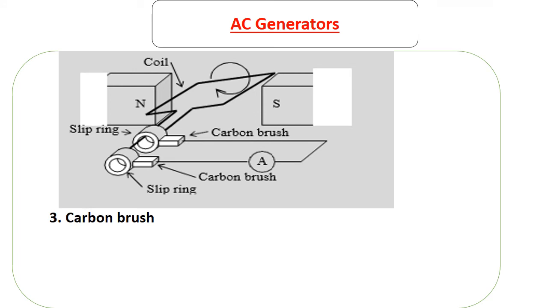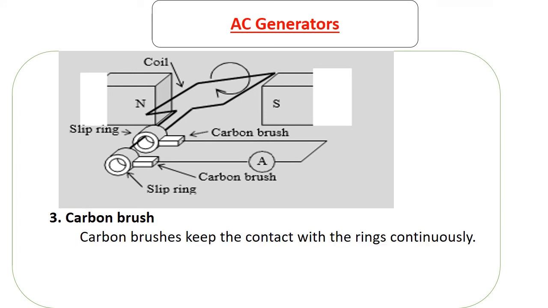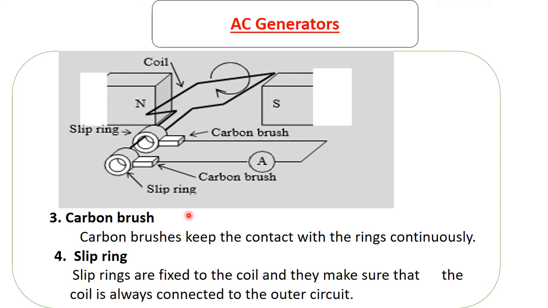Next, we talk about carbon brushes. The carbon brushes keep the contact with the rings continuously. What about the slip rings? The slip rings are fixed to the coil. This is one of the points I'd emphasize.